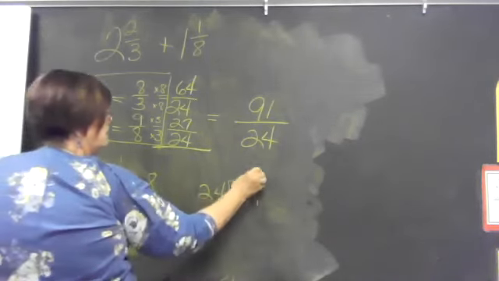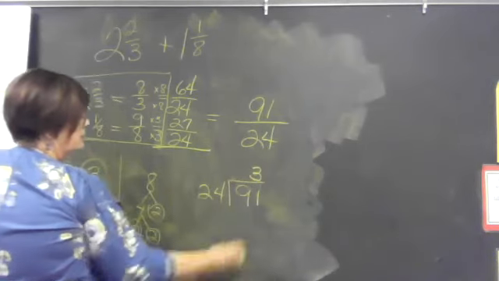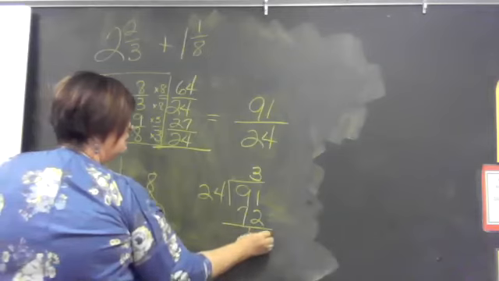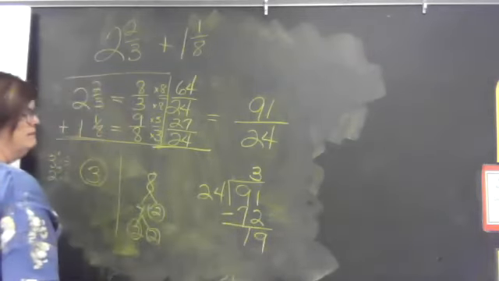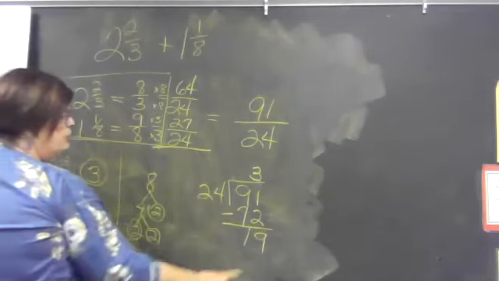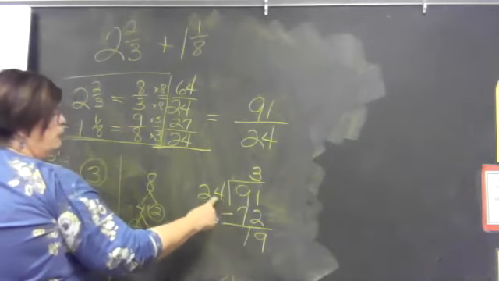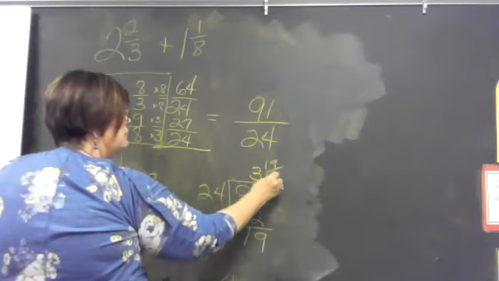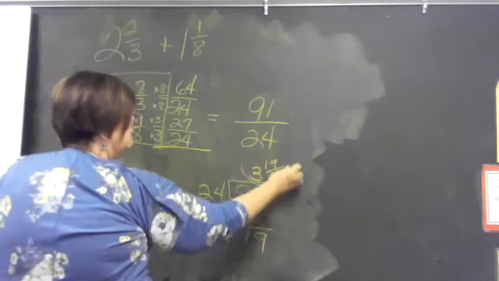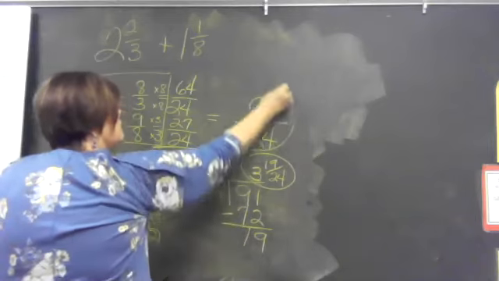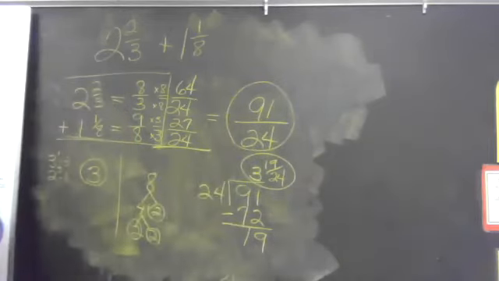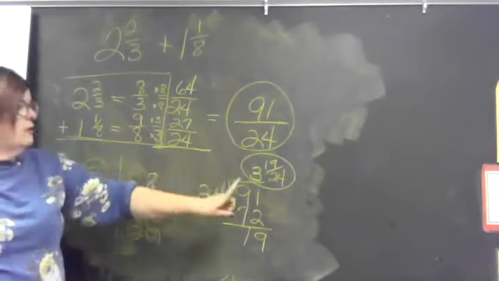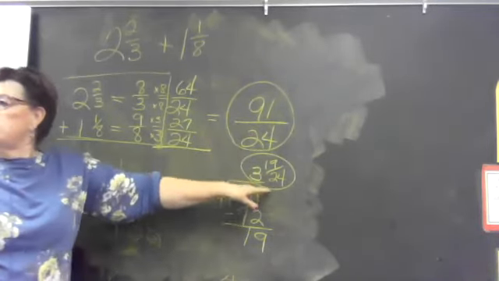It can be 3. 3 times 24 is 72, and the remainder is 19. We put the remainder over the divisor. So 3 and 19/24. This answer and this answer are exactly the same, 91/24 or 3 and 19/24.